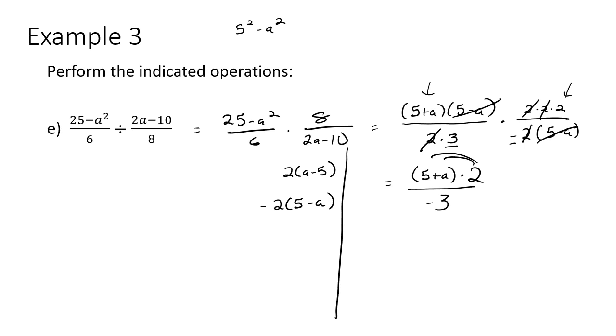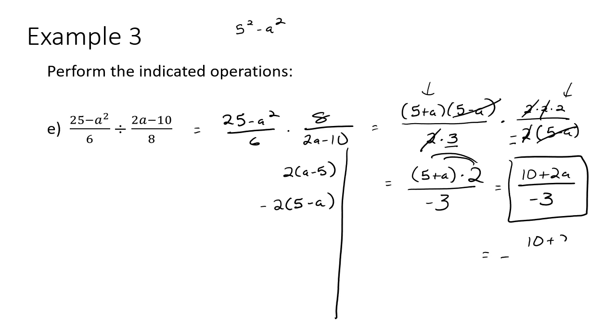You can distribute that 2 through the parentheses as well. So you could write that as 10 plus 2a over negative 3, or you could pull the minus sign out of the fraction and write it as a negative 10 plus 2a over positive 3.